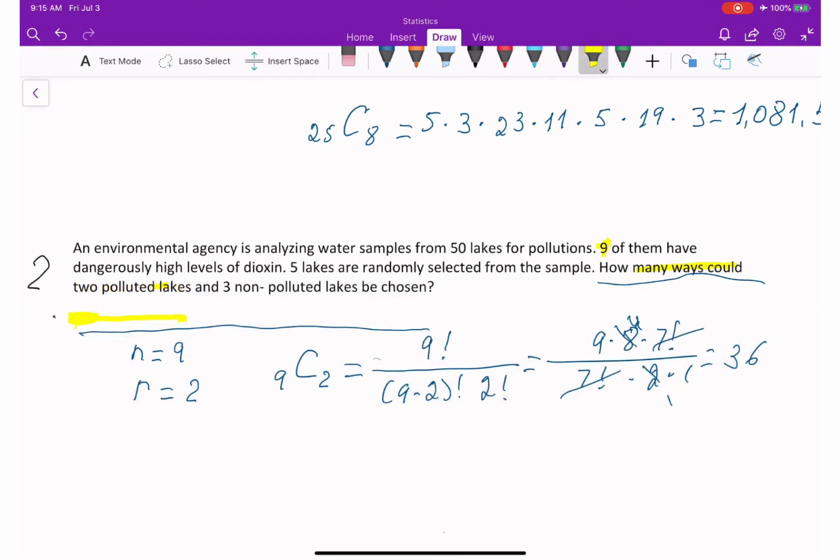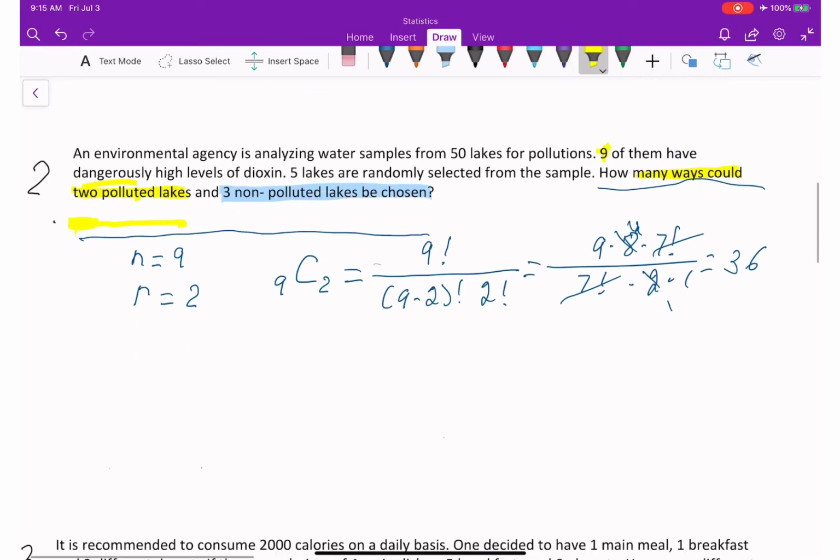Now we need to figure out how many ways 3 non-polluted lakes can be chosen, and then multiply by each other. So this is the first part we just solved, and we are moving to the second part now.